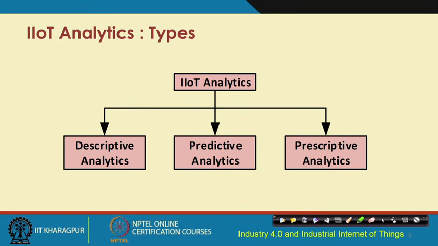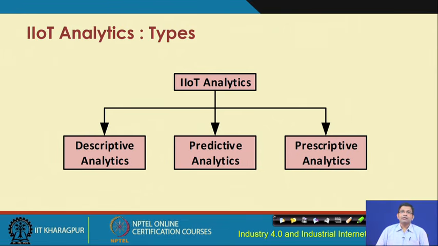Let us now try to get an overview of the different types of analytics that could be executed. We could have analytics of different types which can be classified into three. First is the descriptive analytics, second is the predictive analytics, and the third is the prescriptive analytics. Descriptive analytics is about analysis in the current time scale.